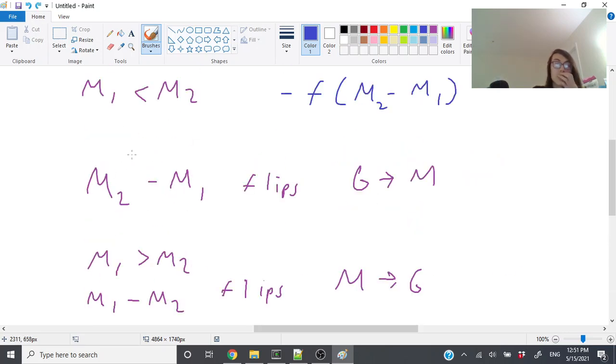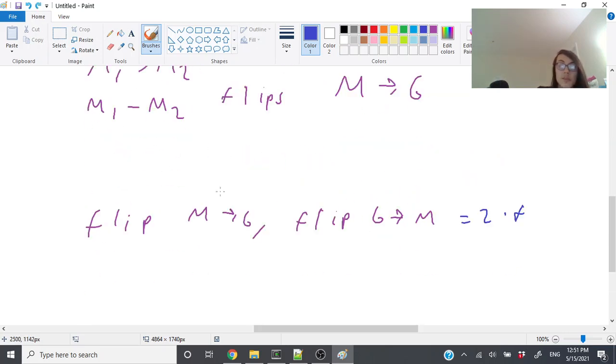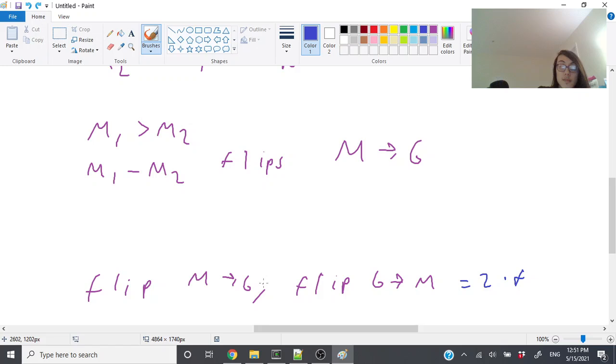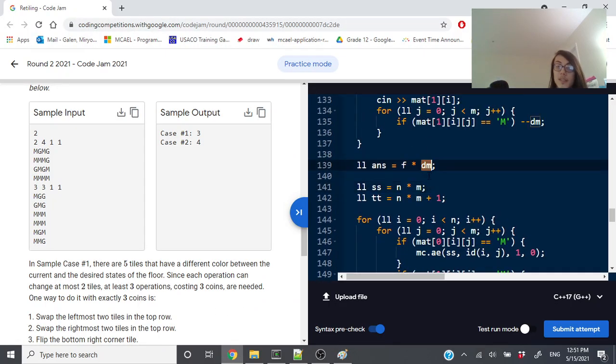And if m1 is greater than m2, then we do fewer of these, meaning that we undercount the number of times we flip M to G. Actually, no. In the first case, we undercount the number of times we flip M to G, meaning that we need to have that extra amount. So in this case, we add that.